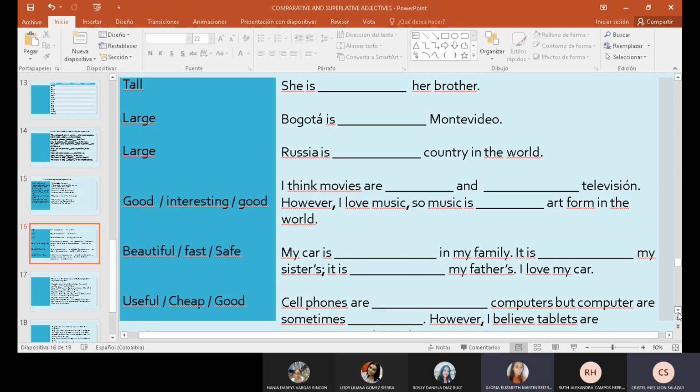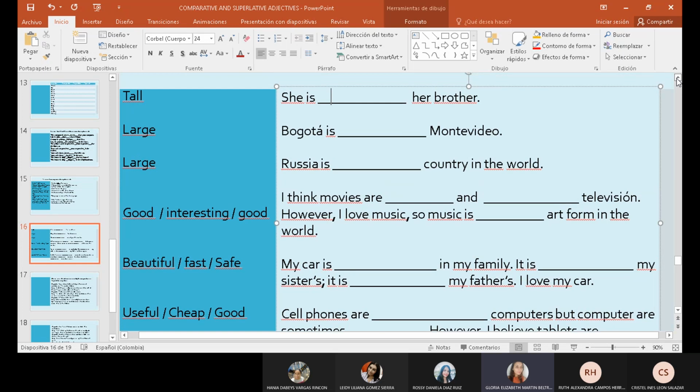She is taller than her brother. The sentence is in comparatives. Ella es más alta que su hermano.